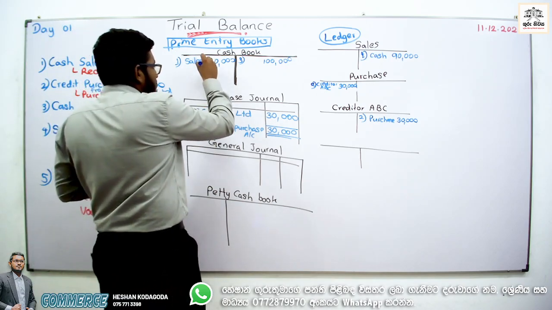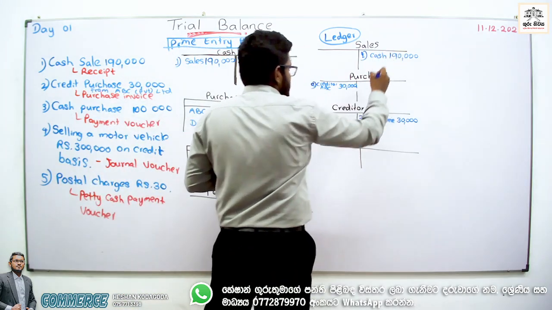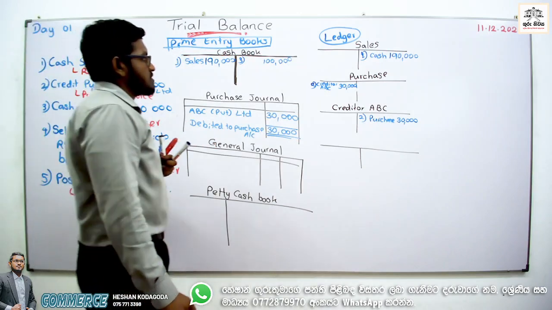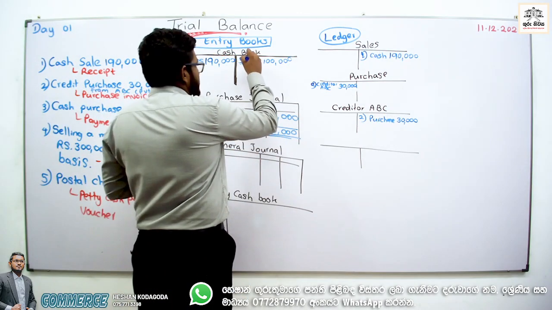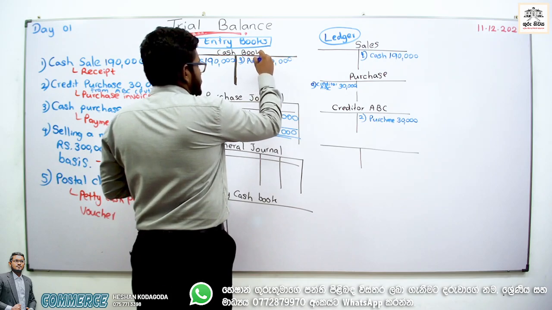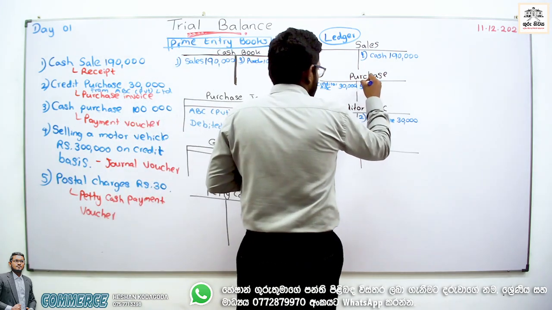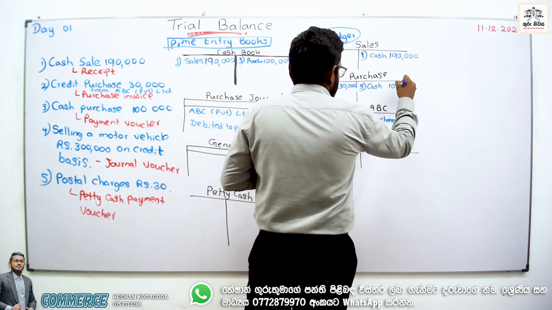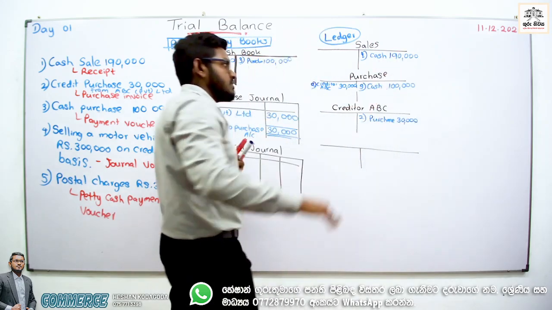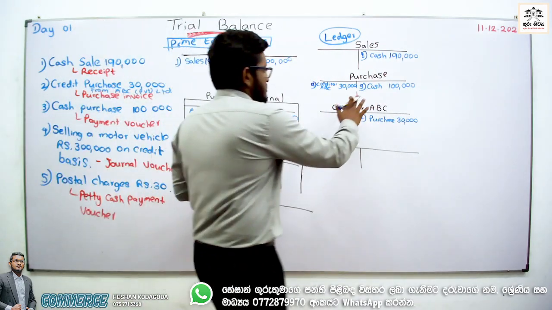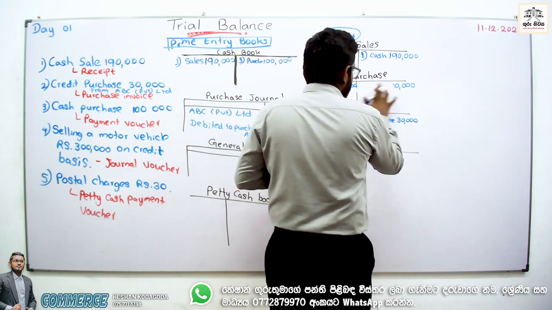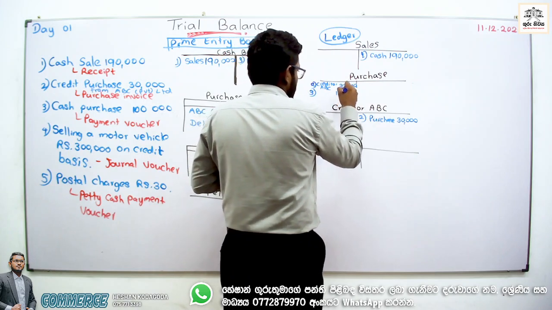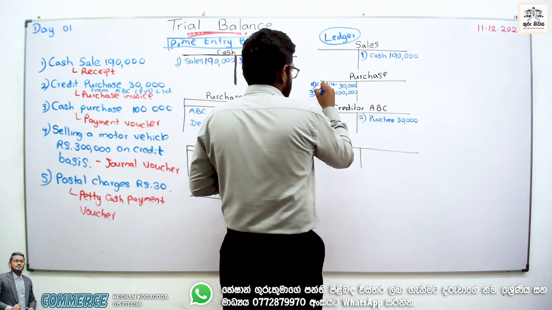So I'm going to write it as 190, the cash sale first one. Then the cash purchase 100,000. You can write purchase. You can write third one, cash. Done, right? Right. So in here, this side, cash book credit, purchase account debit, right? Number 3, 100,000 is cash.